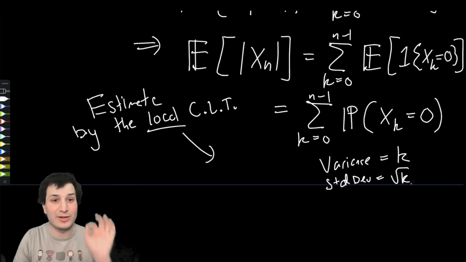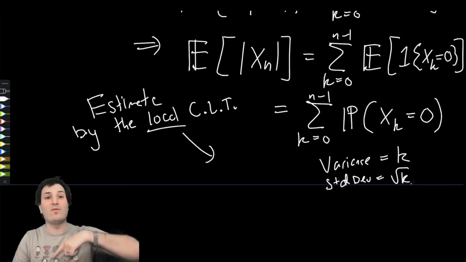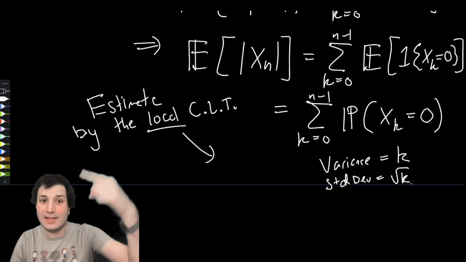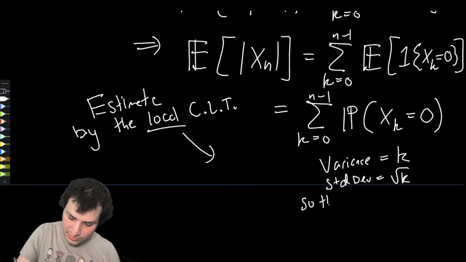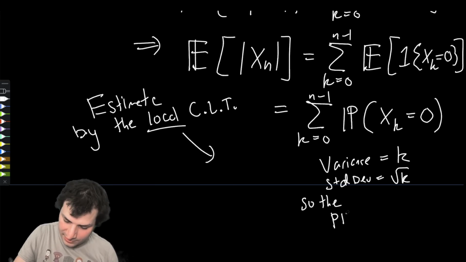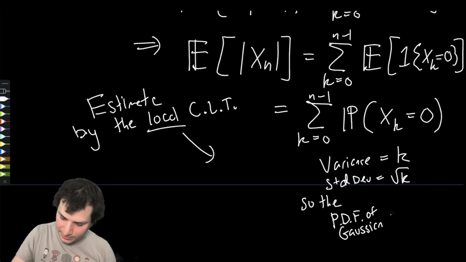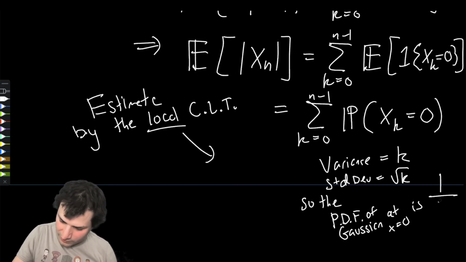What's going to happen here is you're going to get a 1 over square root of k for the likelihood that it will be at 0. So the PDF of the normal Gaussian at x equals 0 is 1 over square root of 2 pi k.